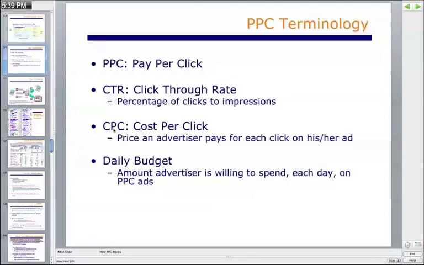So in the previous example, where we had 100 impressions and 5 click-throughs, if these 5 click-throughs resulted in 2 conversions, then the conversion rate would be 2 out of 5, or 40%. And the corresponding cost per conversion would be $1 divided by 2 conversions, equal to 50 cents per conversion.